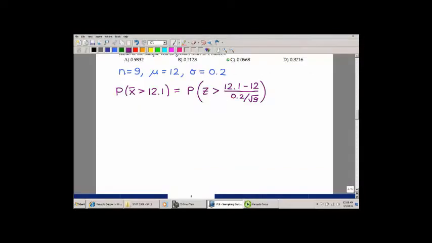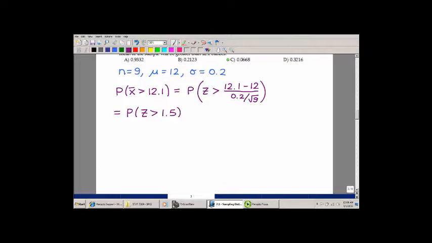1.5. Okay. Now I'm going to do these using the TI calculator with the normal CDF function, without going back to the chart.